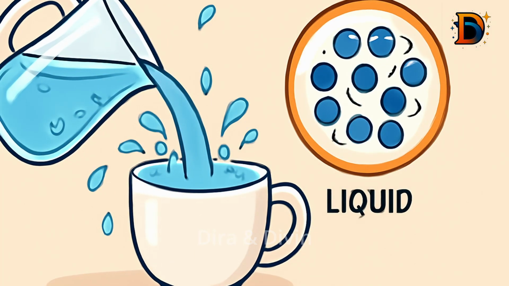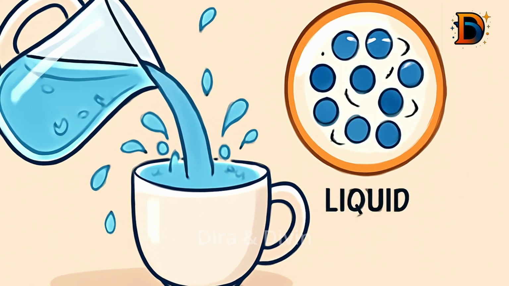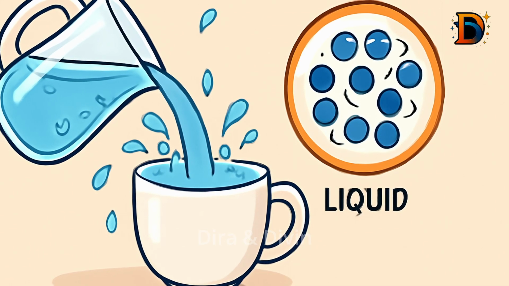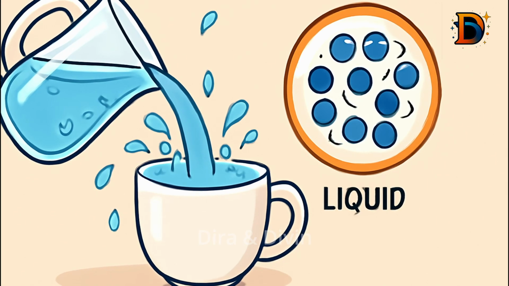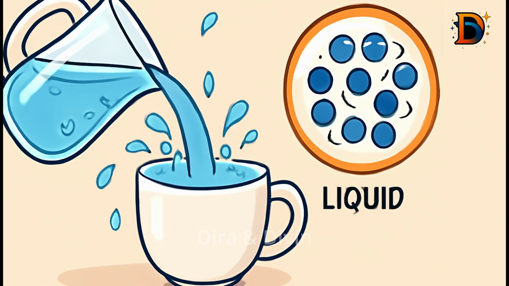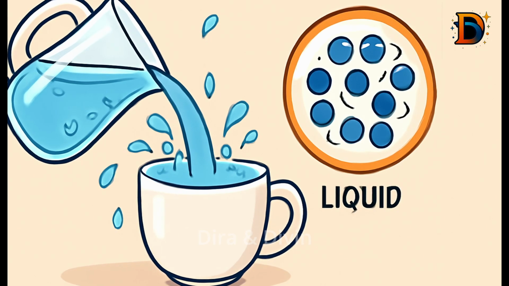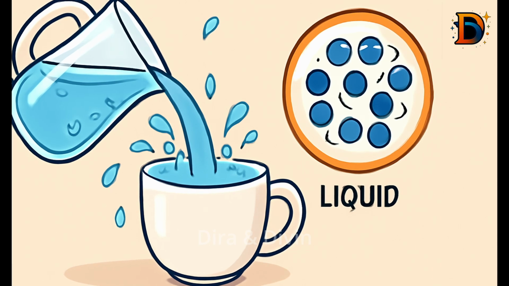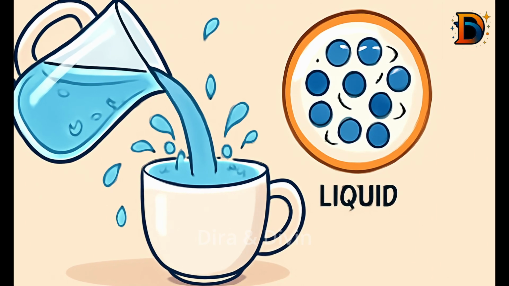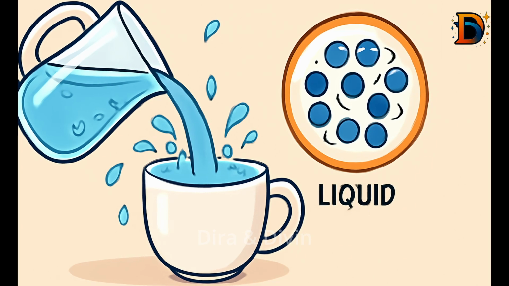Liquid. Liquids don't have their own shape. Instead, they take the shape of the container you put them in. But they always keep the same amount of liquid inside, no matter what.